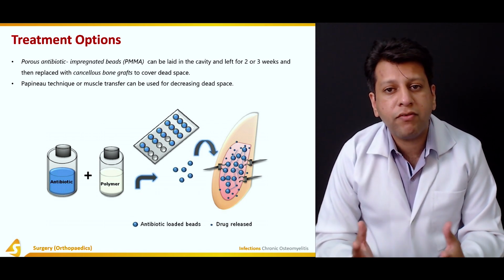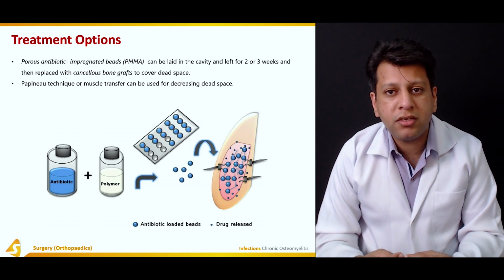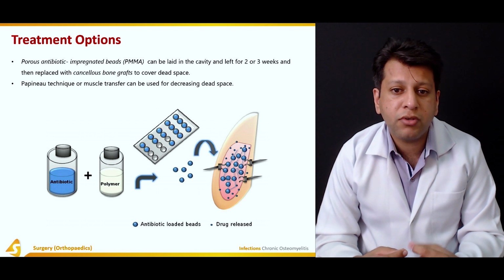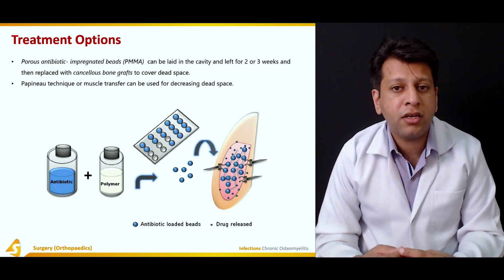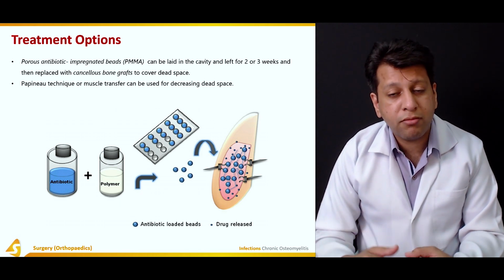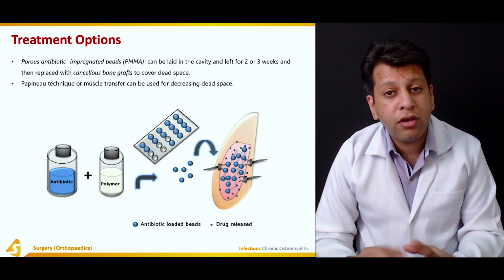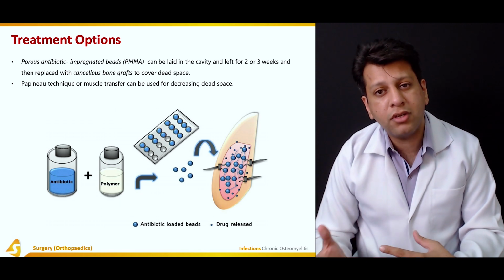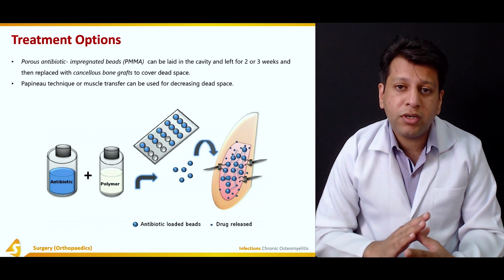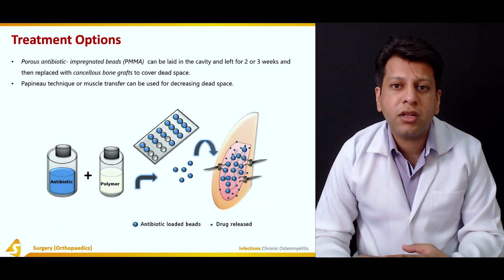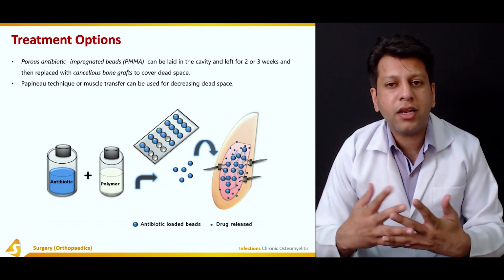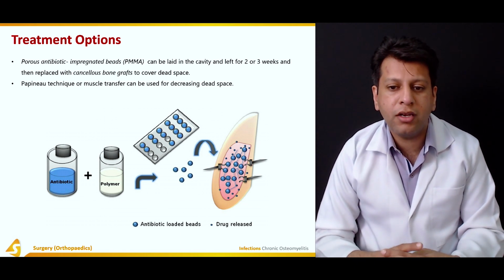For example, instead of making PMMA beads, we can convert this polymethyl methacrylate cement into a rod, and we can place that antibiotic-laden rod for some time in place of the intramedullary rod we took out of the patient. Once the microorganisms are removed from inside and the soft tissue has healed, the second procedure to stabilize the bone can be done later on.